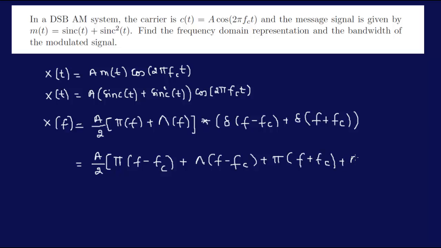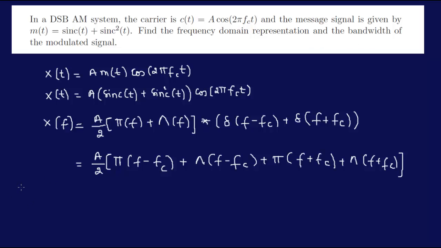Multiplication in time domain is convolution in frequency domain. And when you do a modulation with cosine, then it's going to be 1/2. So you have to go back and forth a little bit. So that's our frequency domain.